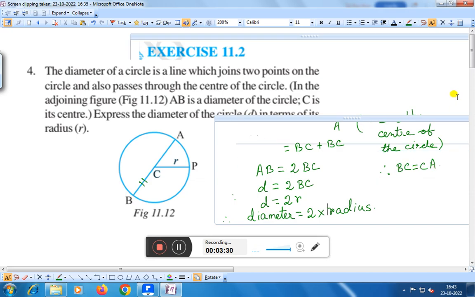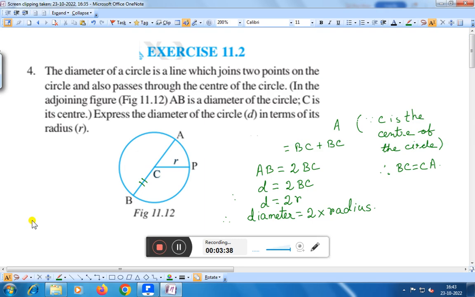Here we can write AB equal to BC plus CA.